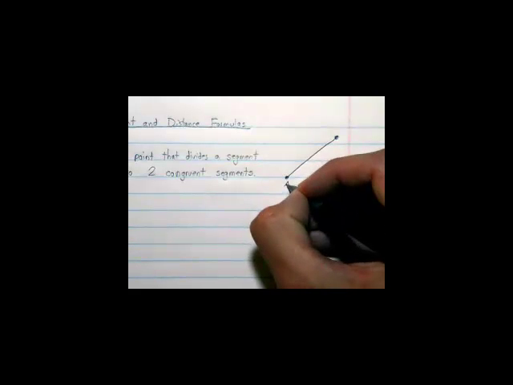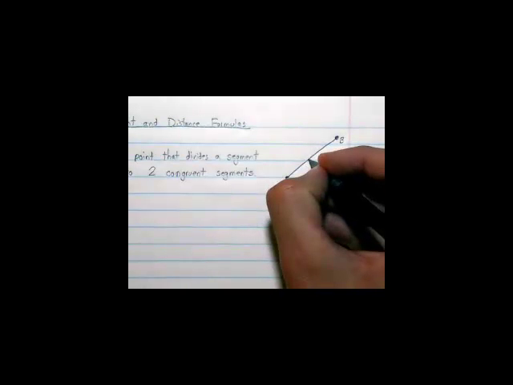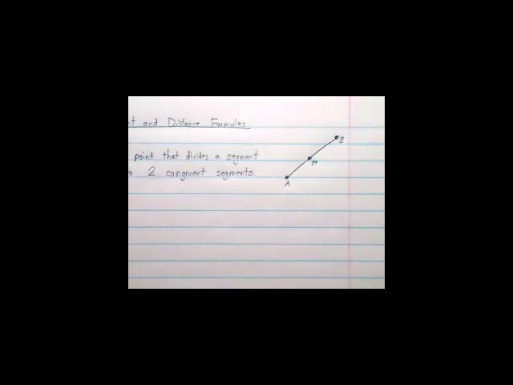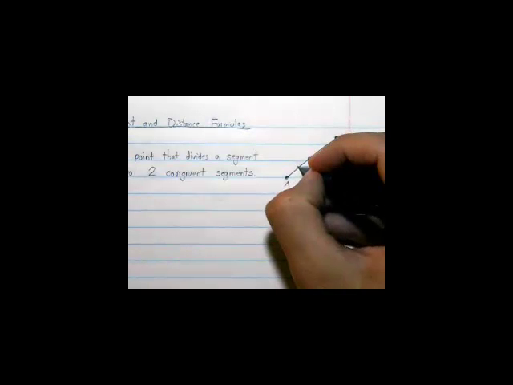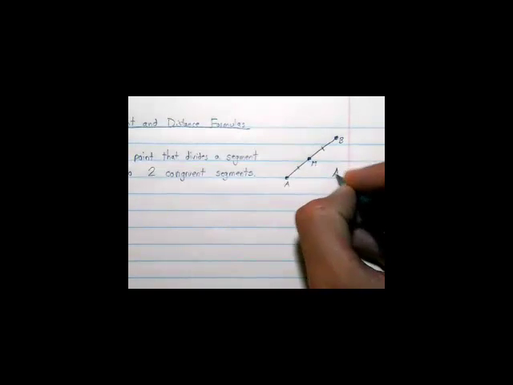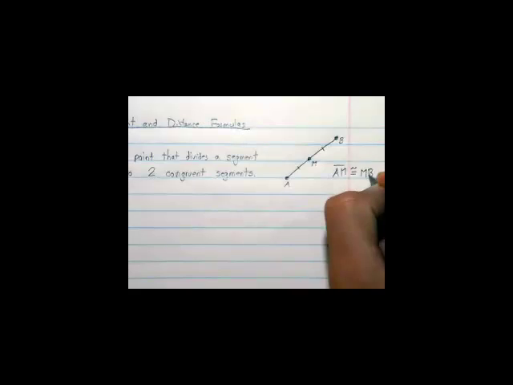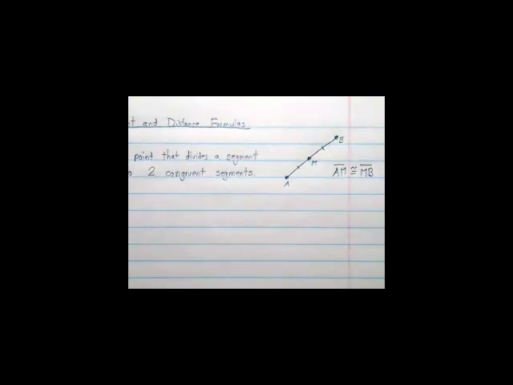All right, so let's say I've got segment AB. If I have located the midpoint, we'll call it M, then we've got these two smaller segments now, and they are congruent to one another. The way that we mark that is we just do a little tick mark on each one of them, kind of like that. That just shows on the picture that AM is congruent to MB. So their lengths are the same, right? We talked about that yesterday.